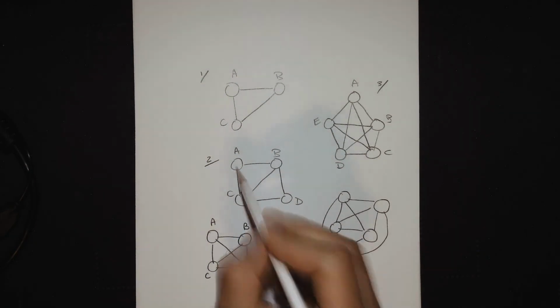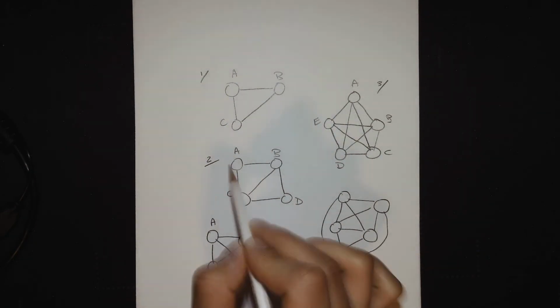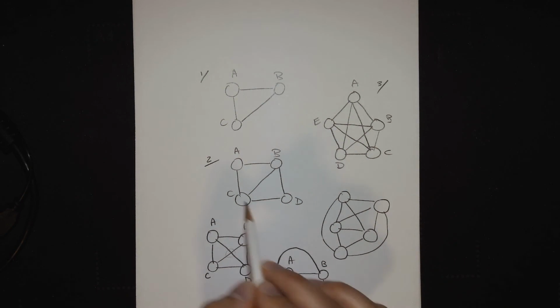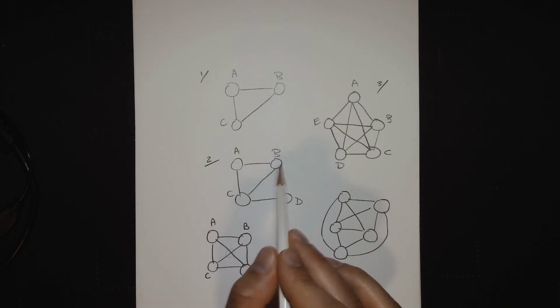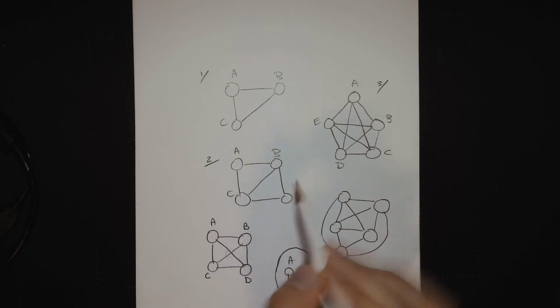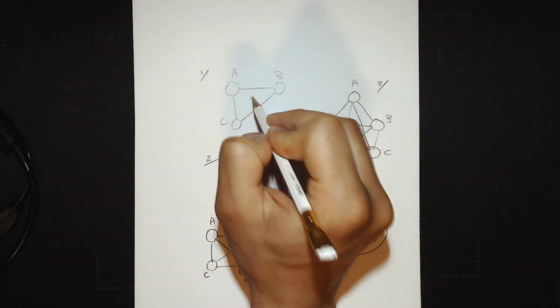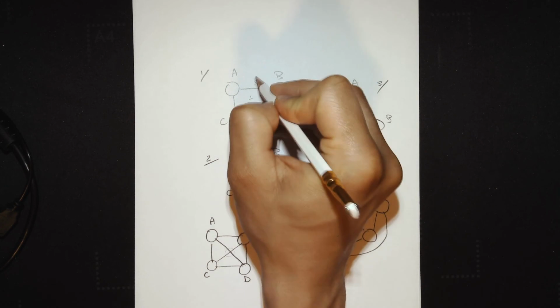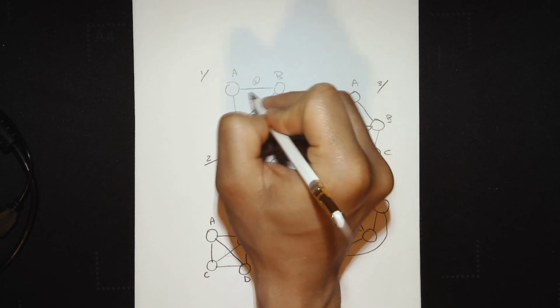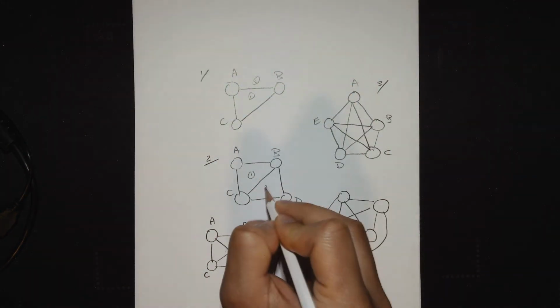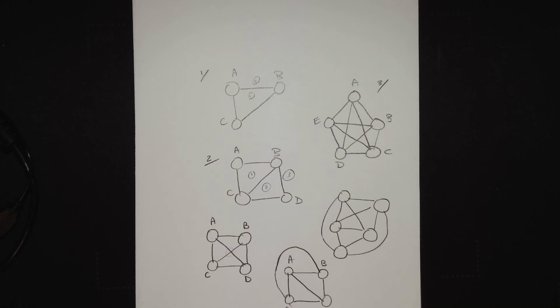We have the region bounded by these 3 edges, A, C, B, and then C, D, B, A, the 3 edges that comprise that path, and then everything to the outside. So here we have 2 regions, everything on the inside, everything on the outside. We have 3 regions here, 1, 2, 3.